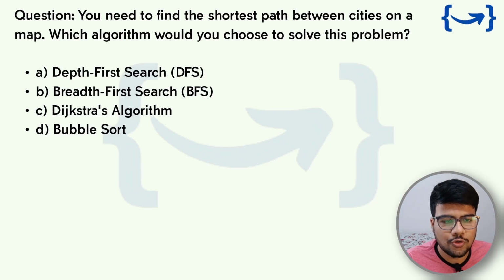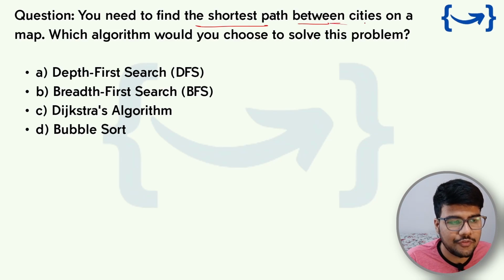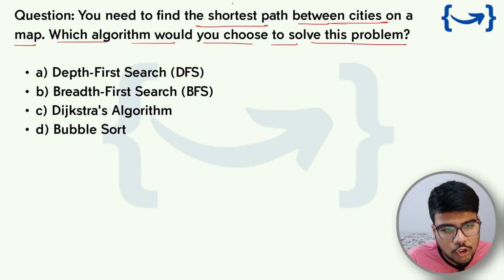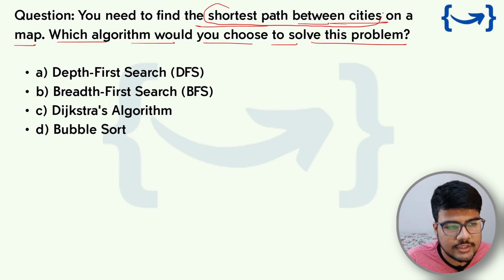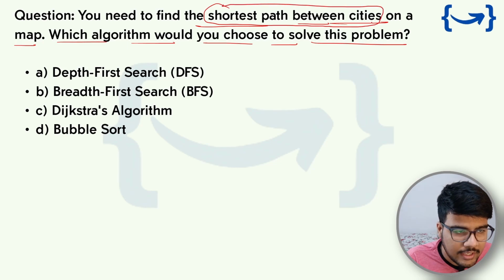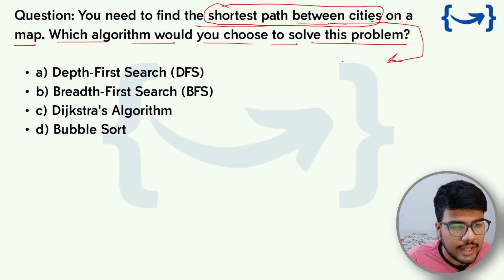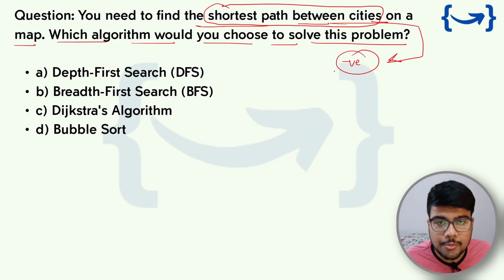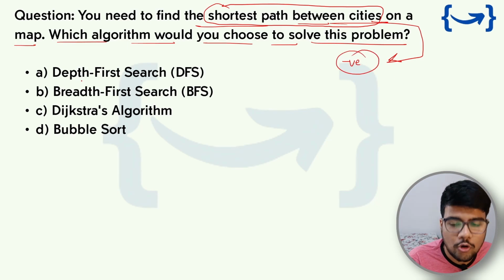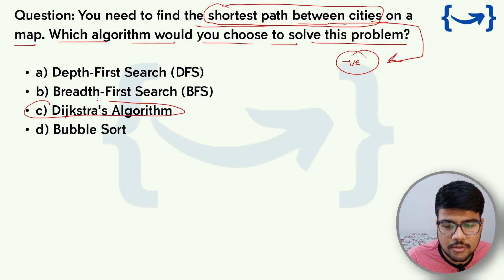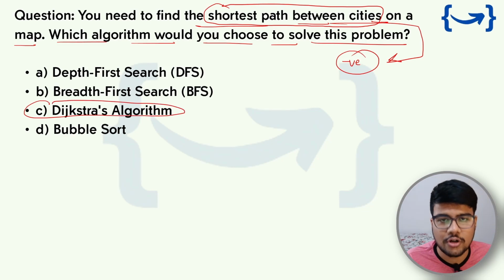So you need to find the shortest path between cities on a map. Okay, which algorithm would you choose to solve this problem? If you talk about shortest path between cities, we know that the value will never be negative because distance cannot ever become negative. So Dijkstra's algorithm, however you pronounce it, is the right option for this particular question, because bubble sort is totally the worst choice for shortest path.